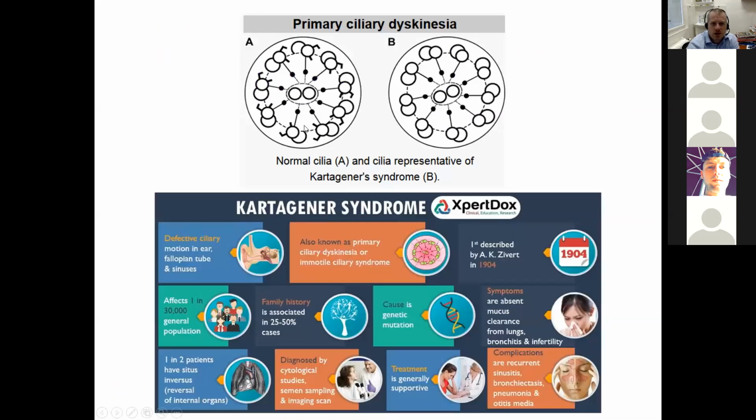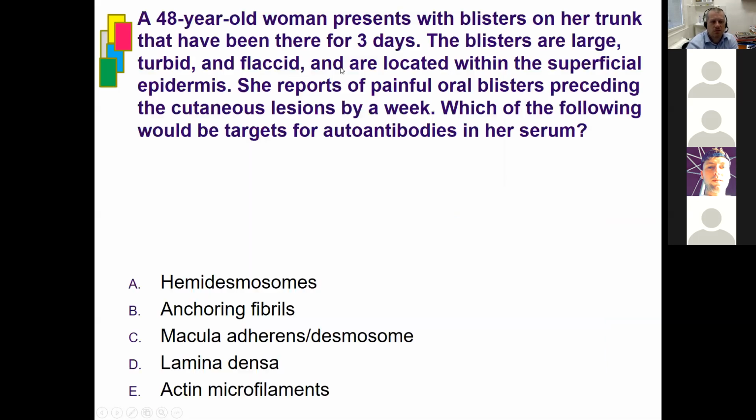And that condition really exists. It's called ciliary dyskinesia, because you are lacking the activity of these molecular motors that are responsible for movement among the pairs of microtubules. The molecular motor is called dynein.